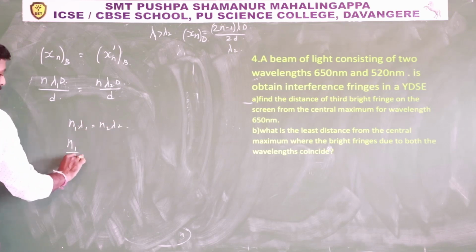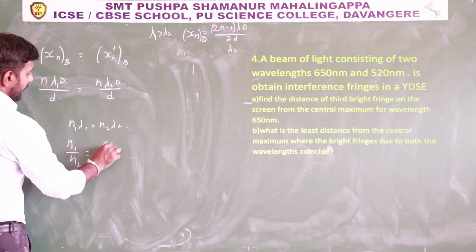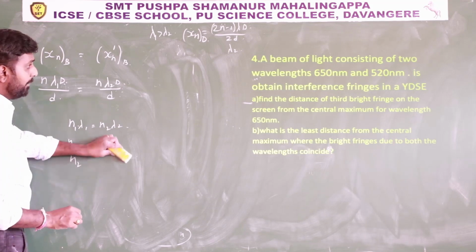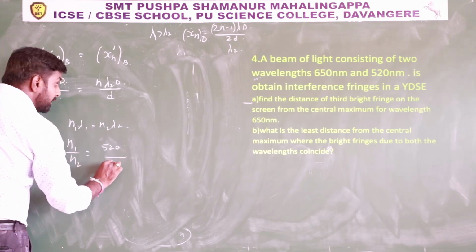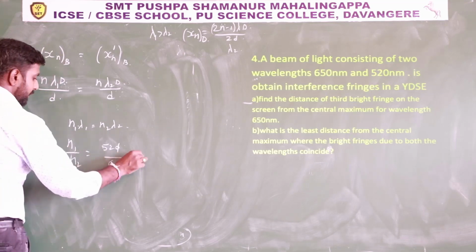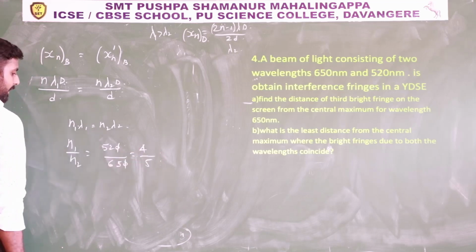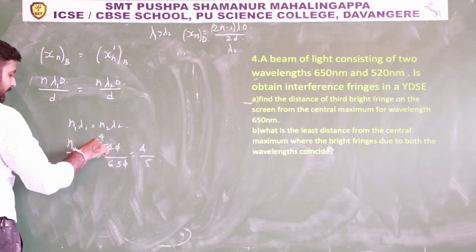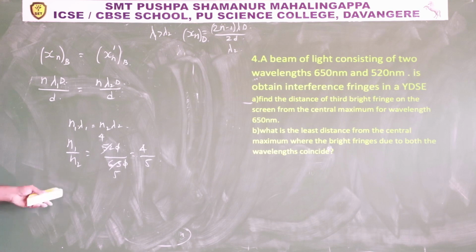Then n1 by n2 will be lambda 2 by lambda 1. Lambda 2 is 520 and lambda 1 is 650. Here you will get the answer 4 by 5, since 13 fours are 52 and 13 fives are 65. So n1 by n2 value is 4 divided by 5.